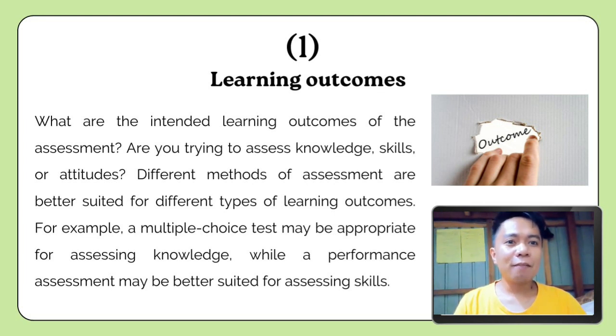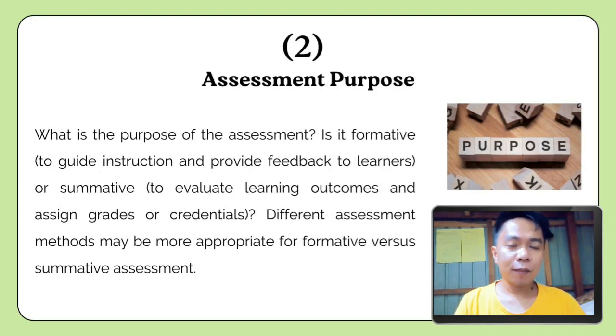Different methods of assessment are better suited for different types of learning outcomes. For example, a multiple choice test may be appropriate for assessing knowledge, while a performance test may be better suited for assessing skills.